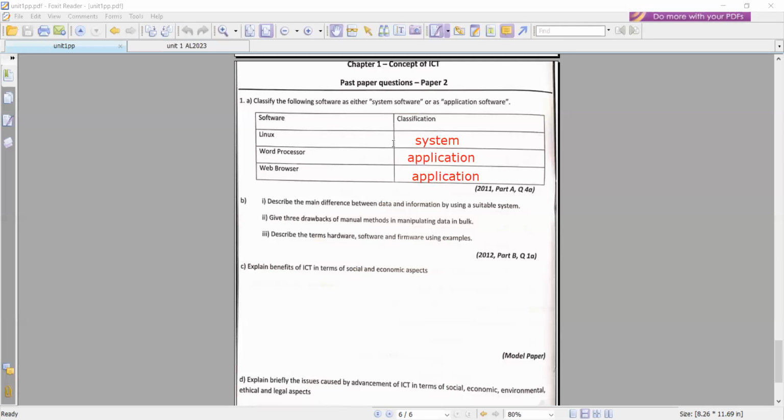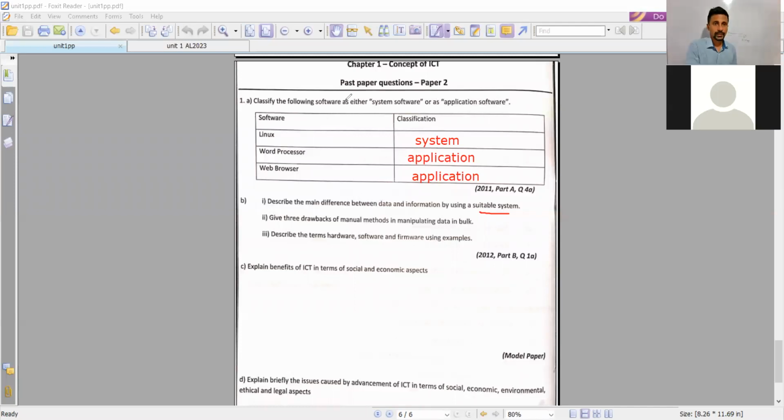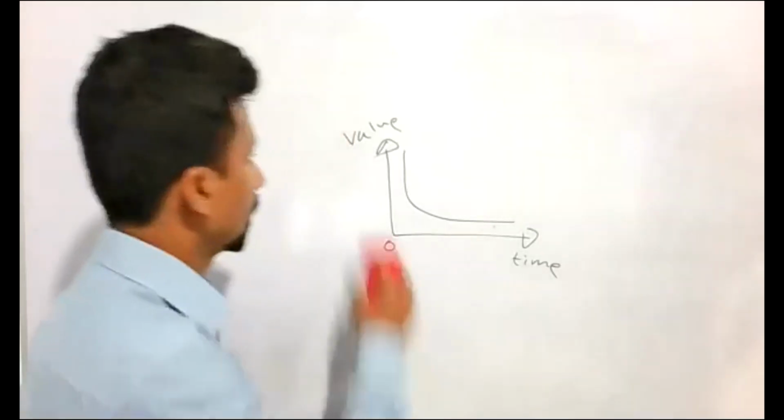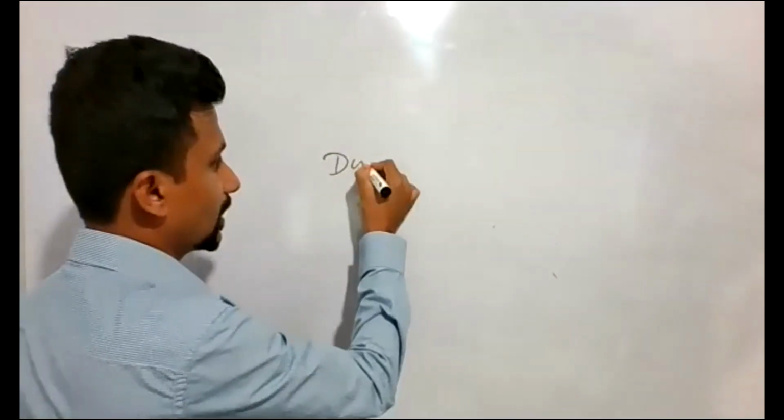Then describe the main difference between data and information by using a suitable system. By using a suitable system, you have to explain data and information. After processing data, you get information.